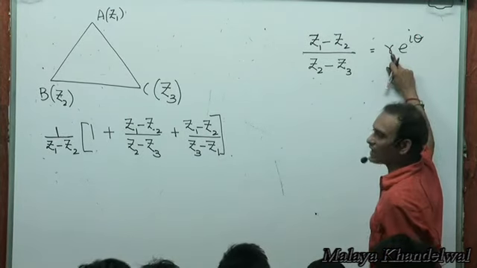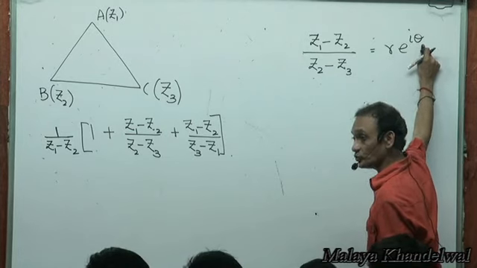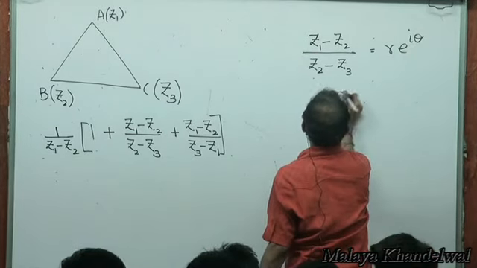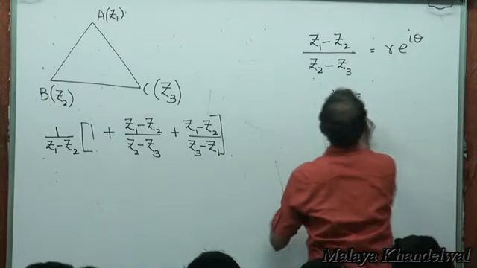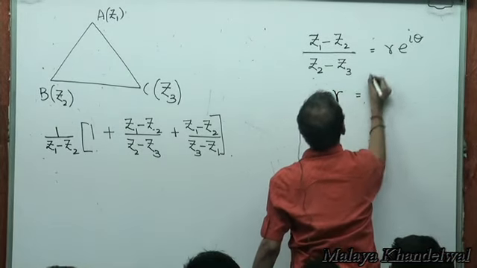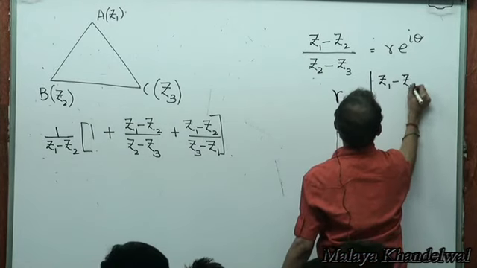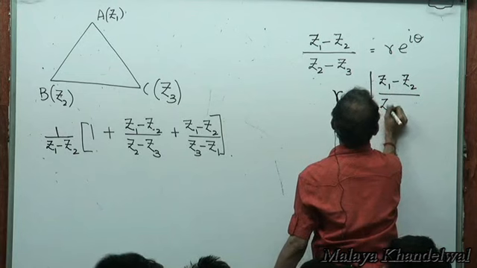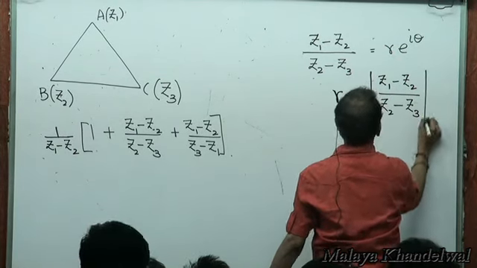R would be the mod of this, theta would be the argument of this. Yes or no? Right? What is r? R is the modulus of this complex number, which is mod of z1 minus z2 divided by z2 minus z3.